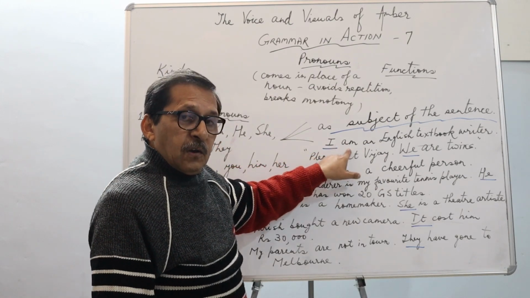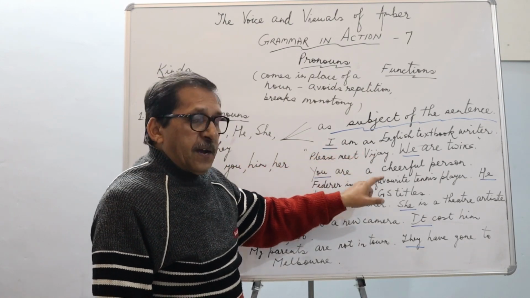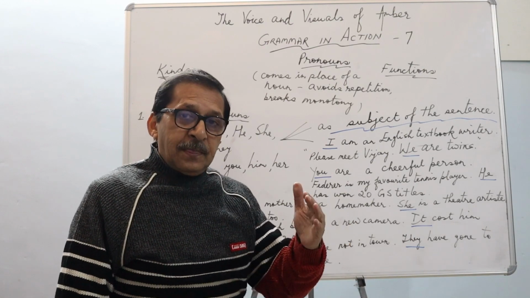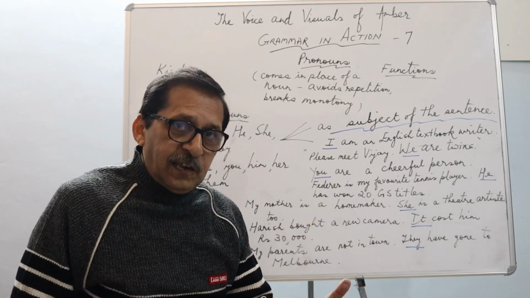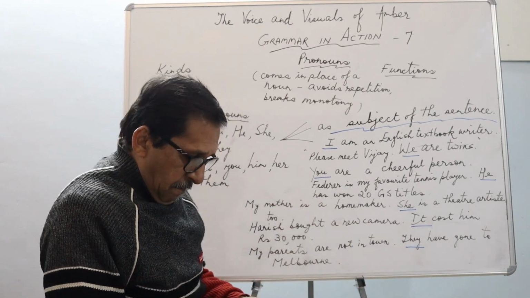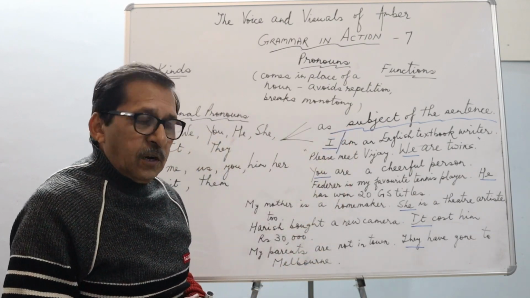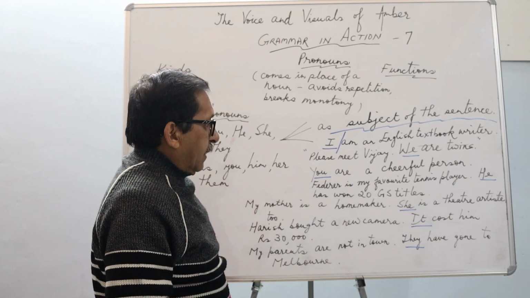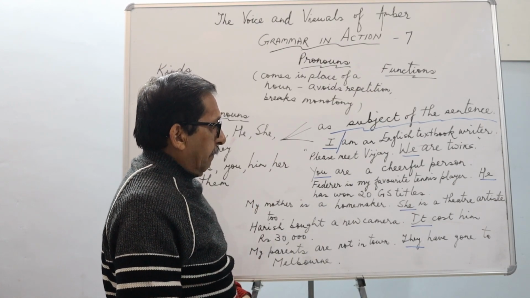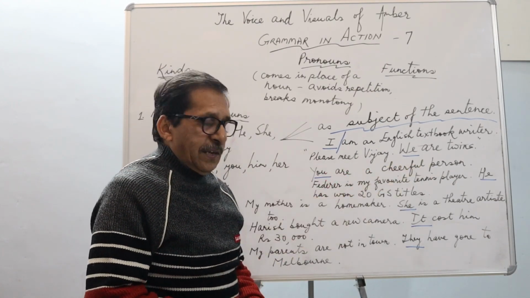So first, remember, we have to locate the verb of the sentence. And to find out the subject of the sentence before the verb, we have to ask the question who or what. Second one, please meet Vijay. We are twins.